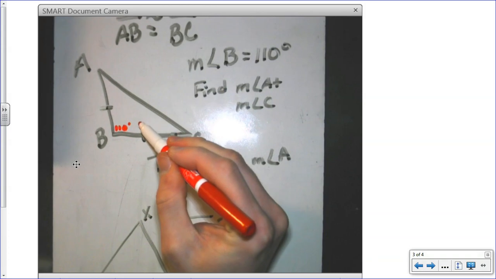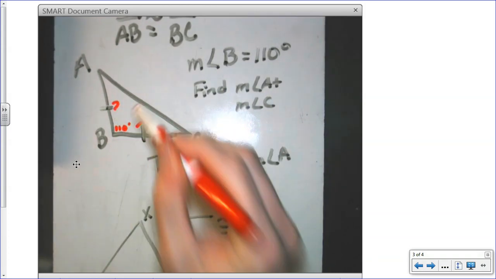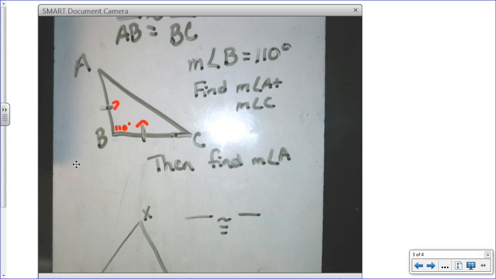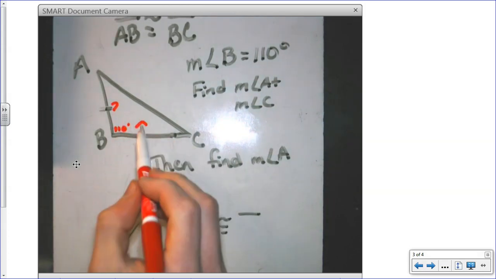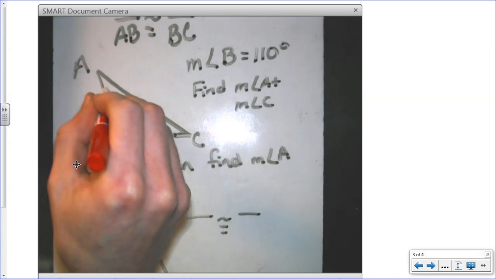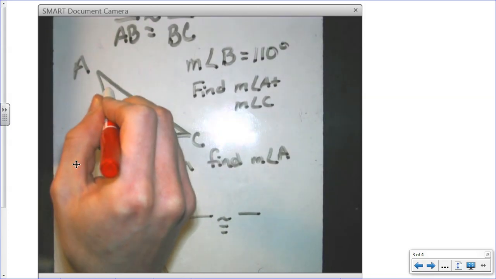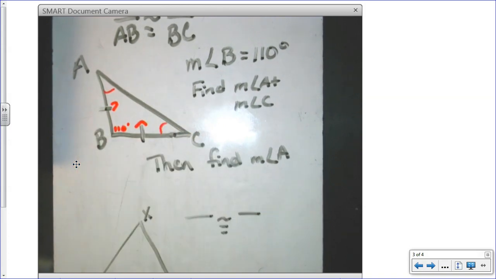All right, well, my arrows are pointing to the middle of line AC. That's not very helpful to me. So, excuse me, if I have segment BC, it's directly across from angle A. So this angle is congruent to this angle.